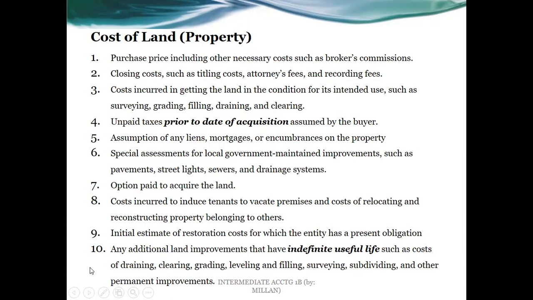Second also is closing costs. For example, if we acquire that land, we need it to be titled in our name. So we need to pay for titling costs, attorney's fees, and recording fees. So registration for our Bureau of Land, for example. Then the third is if the land is not yet ready, so we have to spend for surveying, grading, filling, draining, and clearing.